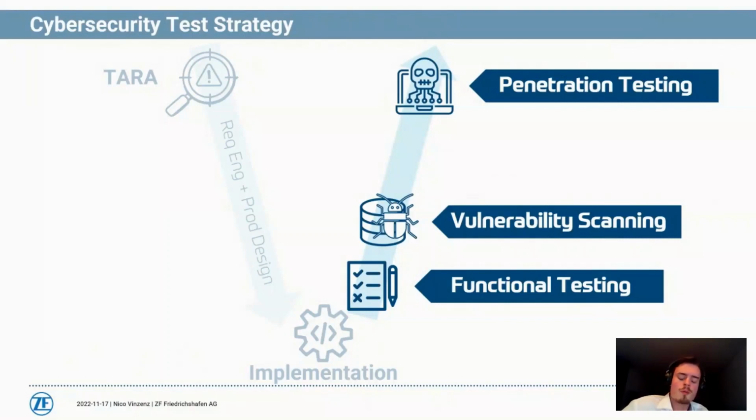Vulnerability scanning, where we say, okay, we have a software bill of materials of our product, let's look, based on known vulnerability databases, whether any vulnerabilities are known within our product. And penetration testing, where we take human experts who manually look into the product and see if they can exploit anything.